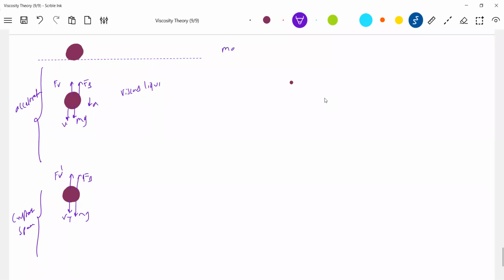So what is ma? ma is equal to mg minus fv minus fb. So this a is equal to g minus fv by m.